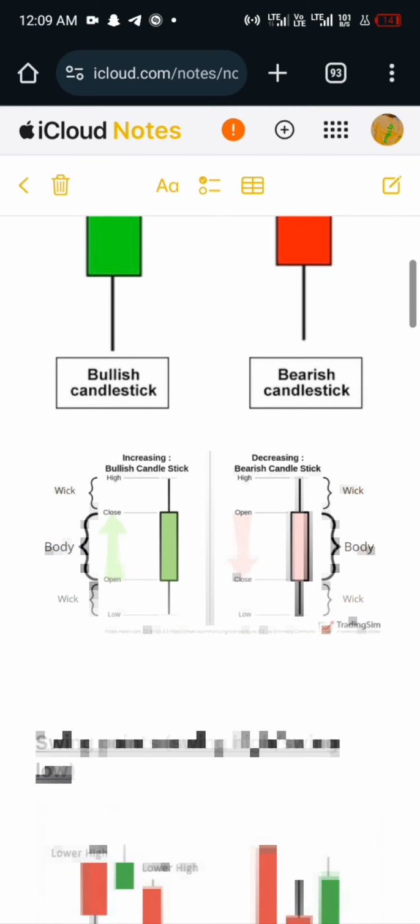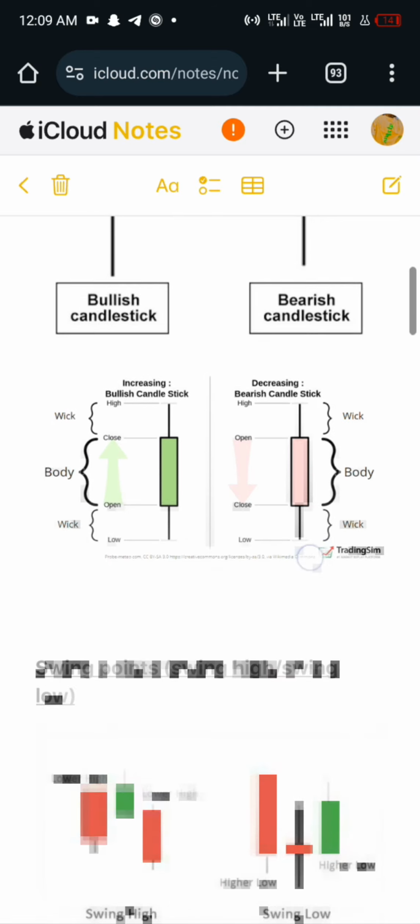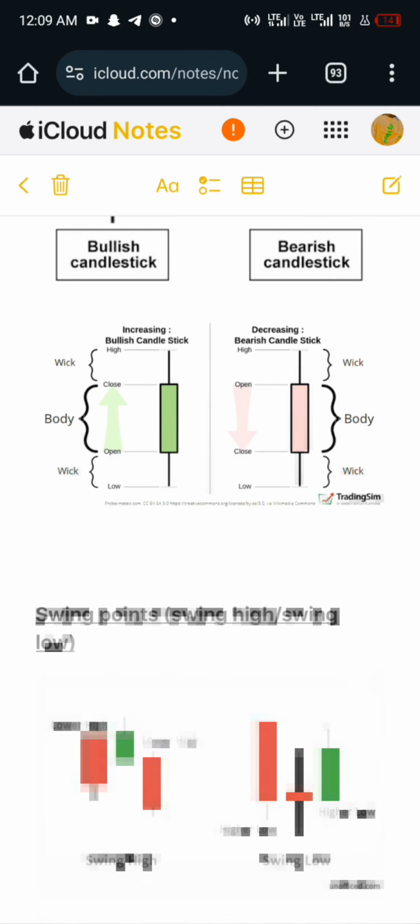Now, the anatomy of our candles. As you can see over here, the bullish one is on the left-hand side, and the red one, maybe light red, not dark red like the previous one, on the right-hand side, is referred to as the bearish candle.